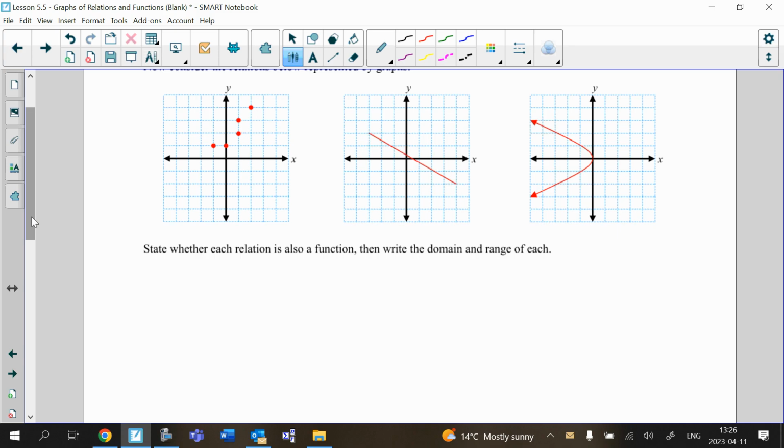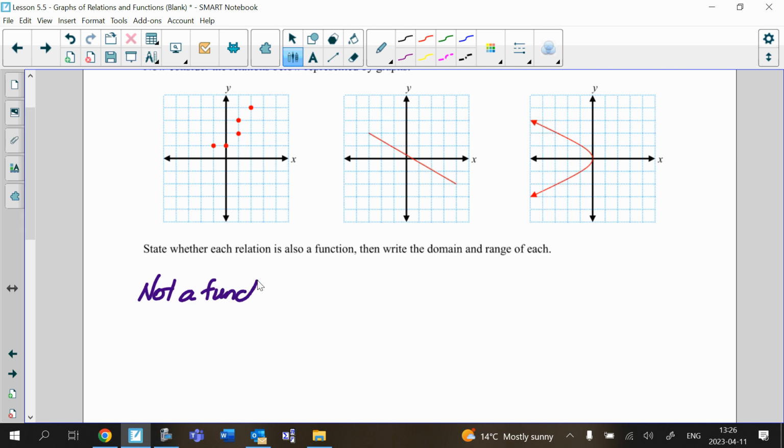Negative one. Yeah, don't say, I don't know. 0, 1. So 1 appeared twice, right? Not a function. So when you see a series of points, think of it in ordered pairs. So just go through all the x's, and if one repeats, it's not a function.